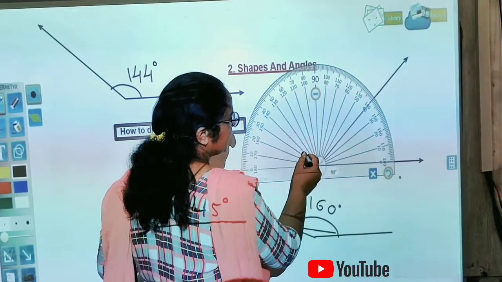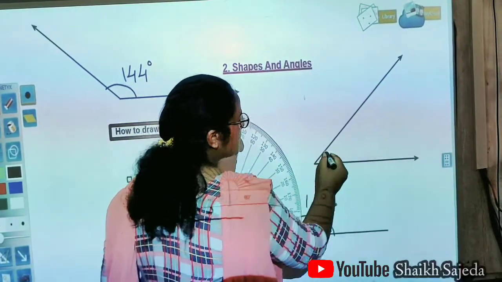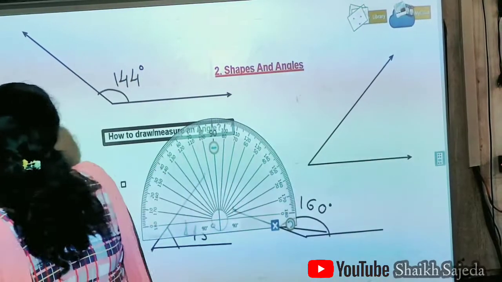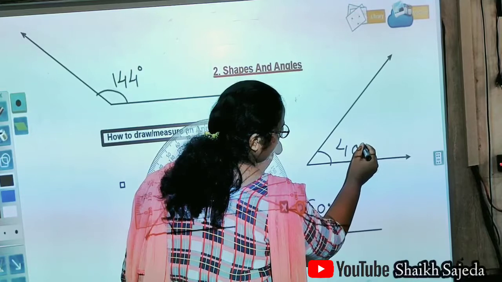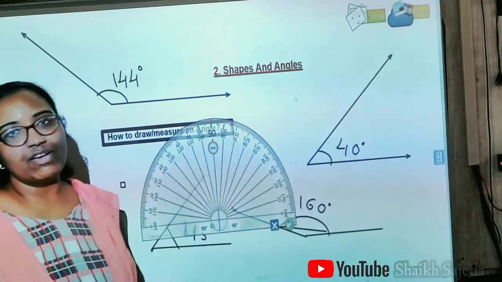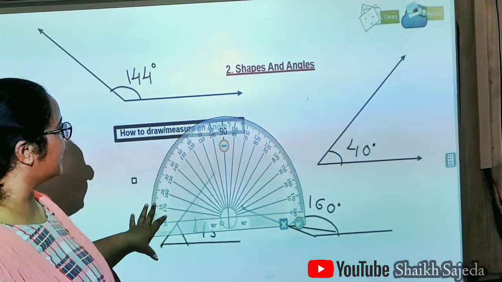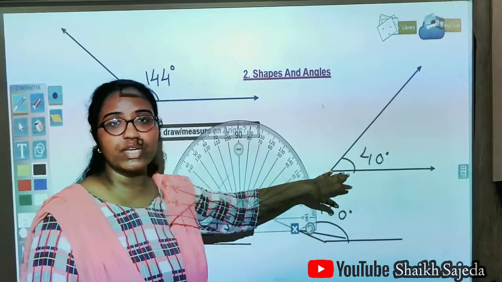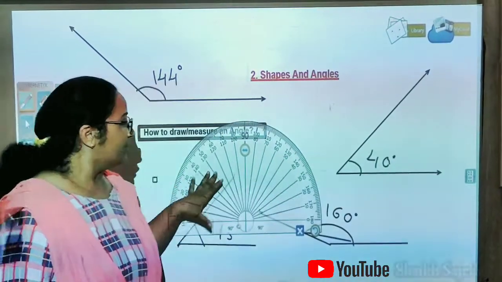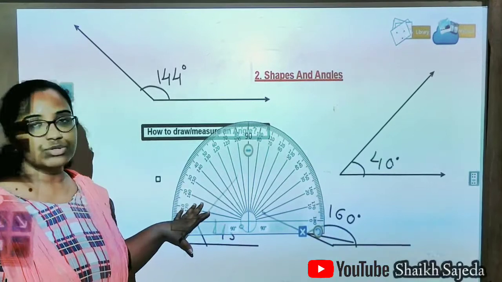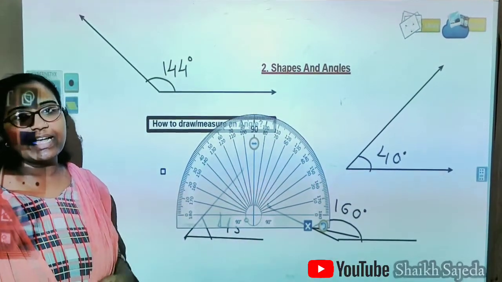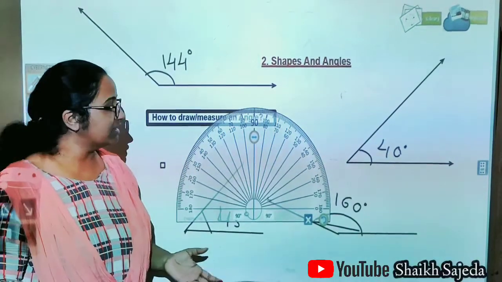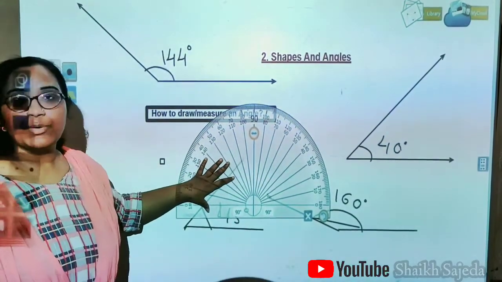So we can say that this angle is of 40 degree. So here I have explained you how to draw an angle and how to measure a given angle. For practice, you also have to draw so many angles like 50 degree angles, 65 degree angles, 95 degree angles using this protractor.